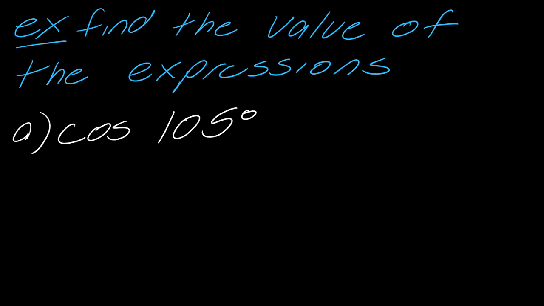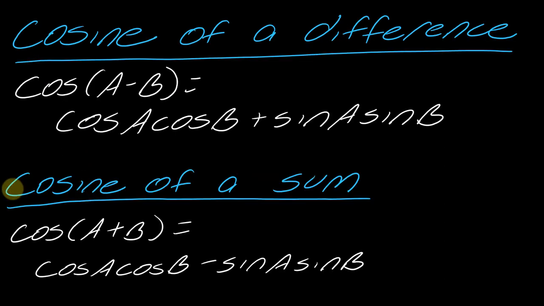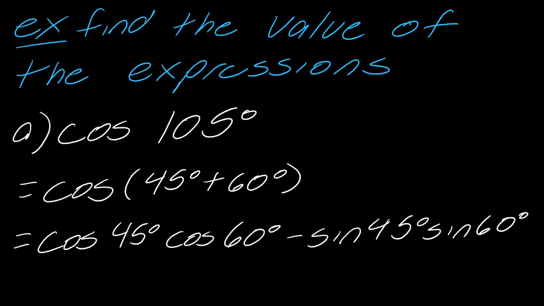One way you can use these identities is to help you figure out the value of certain expressions. For instance, cosine of 105, you may not know the value of that, and you might think, oh, I can only do that with a calculator. But 105 is actually 45 degrees plus 60 degrees. Now that I have this written as a sum, I can bust out my cosine of a sum and apply that identity.